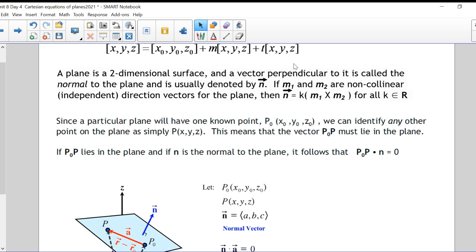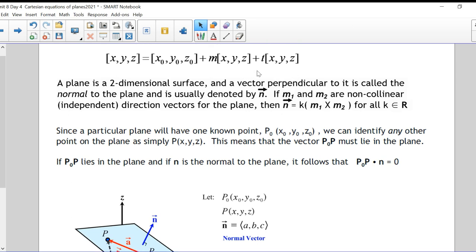So if these two direction vectors are non-collinear, it means that you can't have them lining up and moving in the same direction. You can't just take one and scale it and get the other one. Then if I were to take the cross product of those, that should give me this normal vector.